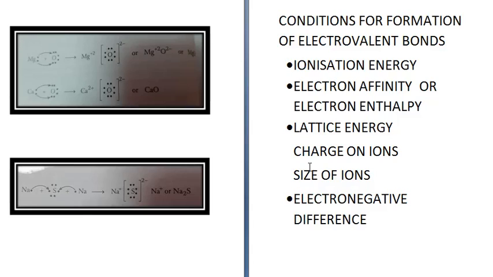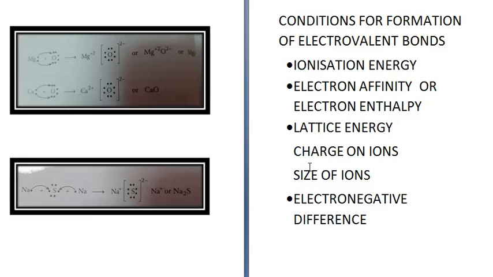So large magnitude of charge, higher lattice energy. Smaller size of ion, large lattice energy. So in short, you can say that an ionic compound is formed easily when lattice energy plus electron affinity is greater than ionization energy.